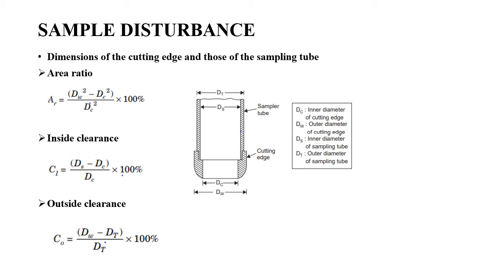Now, talking about inside clearance, it is designated as Ci. It can be found out by the equation (ds minus dc) by dc into 100. Here ds is the inner diameter of the sampler tube and dc is the inner diameter of the cutting edge.